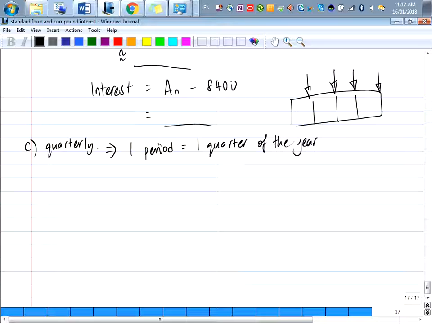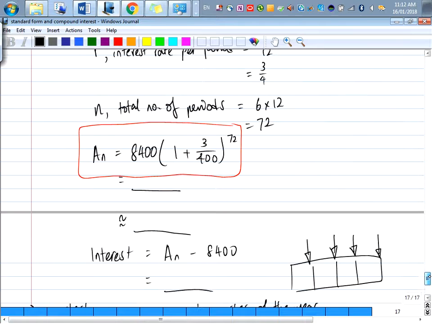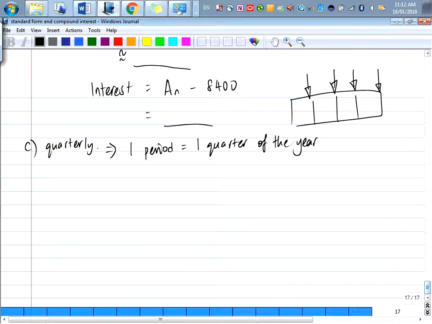So in 6 years, how many times are we going to compound it? 6 times 4. Okay? I'm getting ahead of myself. Let me just put down the interest rate first. R, which is our interest rate per period, will be equals to 9, what was it? Originally 9%, right? 9 divided by 4, because in 1 year we have 9%.